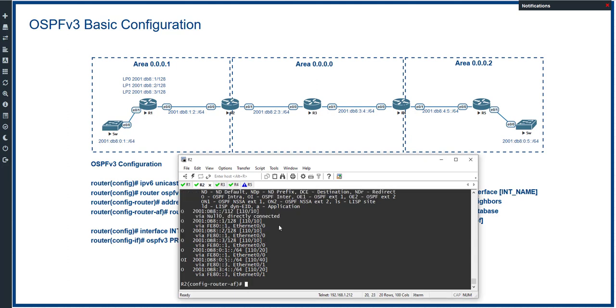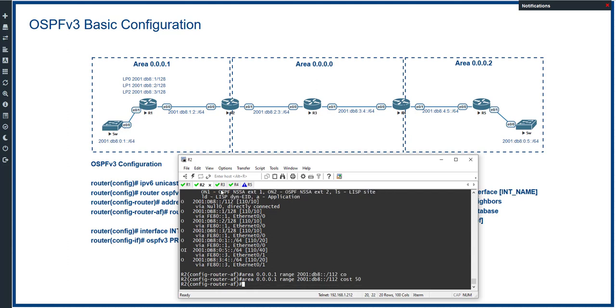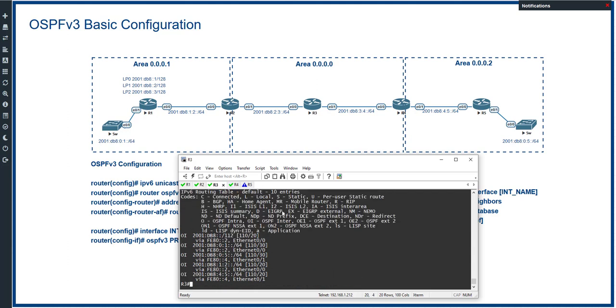Here in router 2, we can use area 0.0.0.1 range to this range, and after that with the cost of, for example, 50. In router 3, if you check now, after some seconds, you can see that the cost will be 60. 50 plus 10 equals 60. In router 4 it is 70, as you can see.